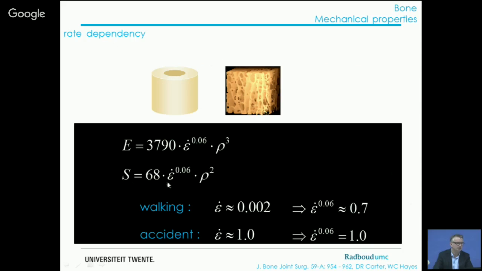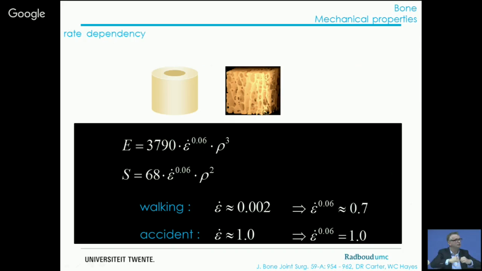But it also depends on the strain rate. So, for example, if you go downhill skiing, it's super fast, then the bone will respond as being stiffer and stronger, because this is then a higher rate. This is called a strain rate. So the strain, so the deformation change per second.